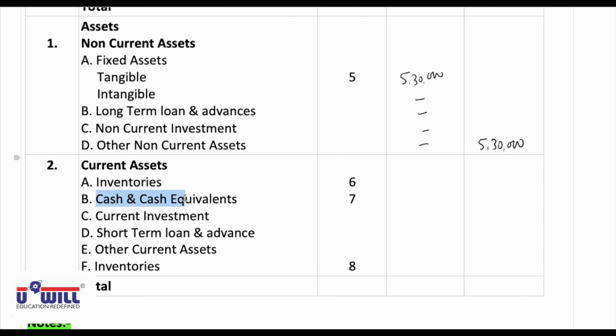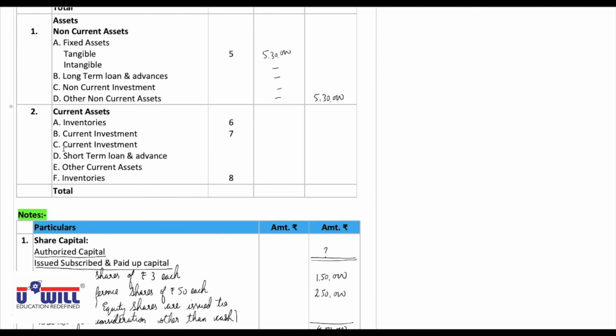Then current investments, then trade receivables, then cash and cash equivalents, then short-term loans and advances, and lastly other current assets. So let us put these items in the balance sheet.